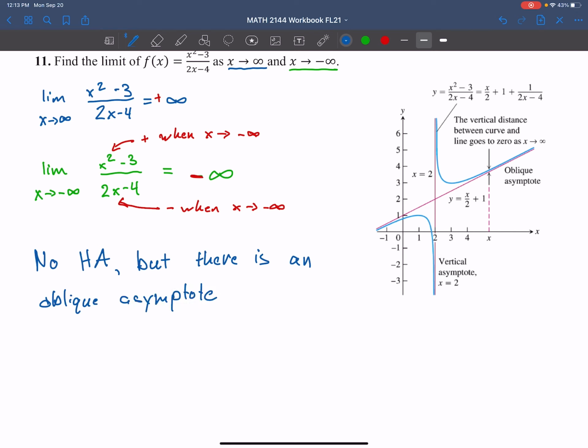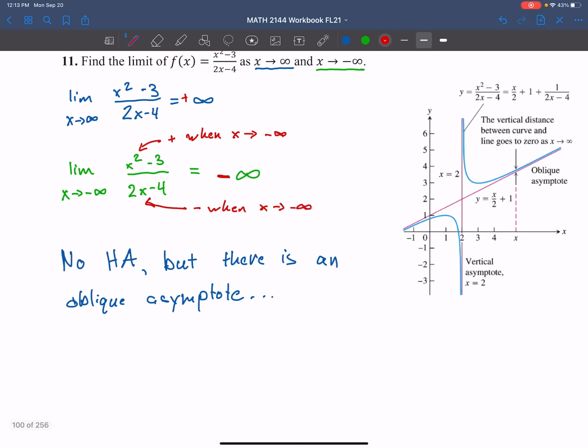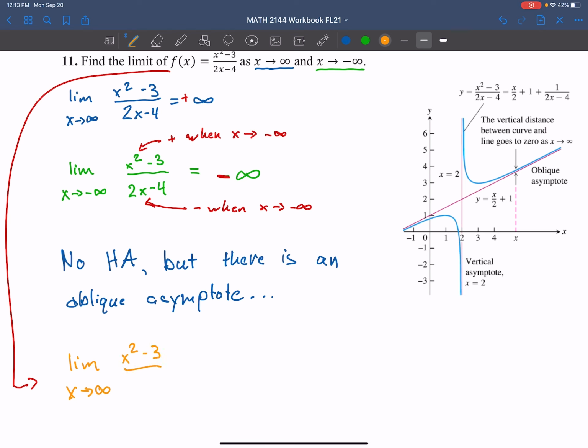So what is the oblique asymptote? What we do is take our function right here and consider the limit as x approaches, let's just consider the positive one, of (x squared minus 3) over (2x minus 4).